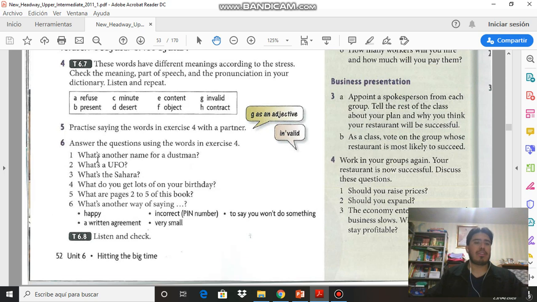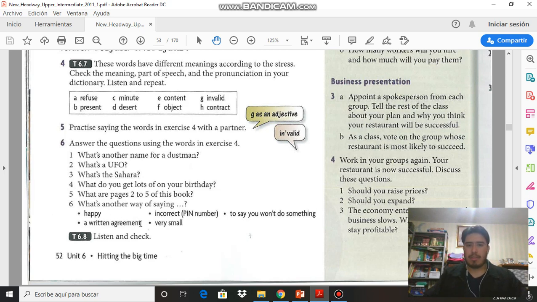You need to answer, for example, what's another name for a dustman? Number 2, what's a UFO? Number 3, what's the Sahara? Number 4, what do you get lots of on your birthday? Number 5, what are pages 2 to 5 of this book? Number 6, what's another way of saying happy?